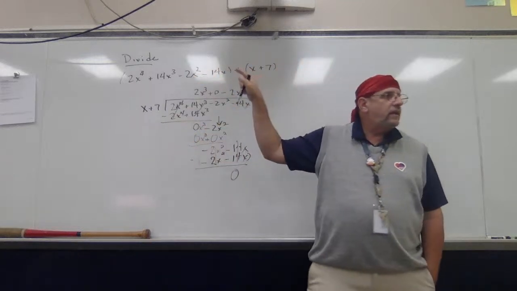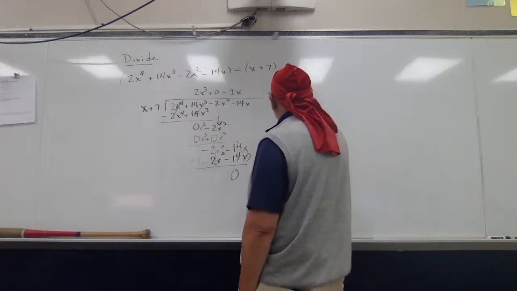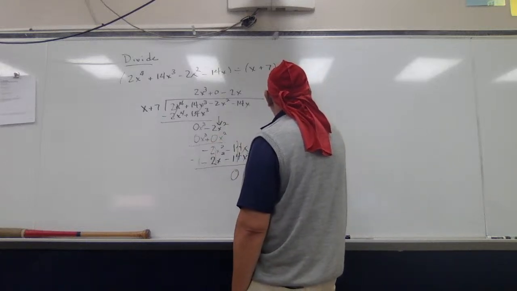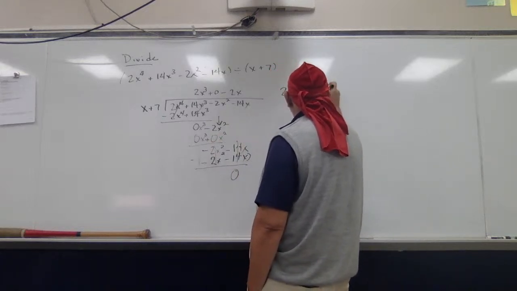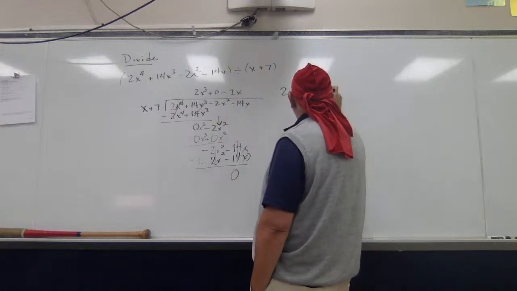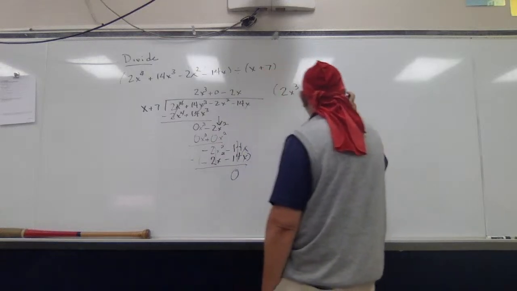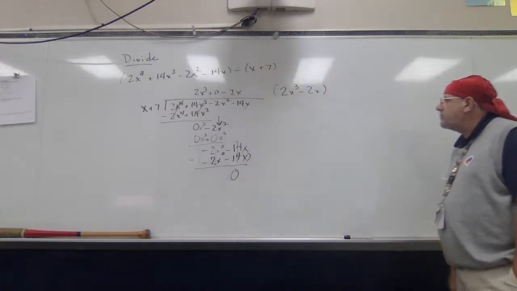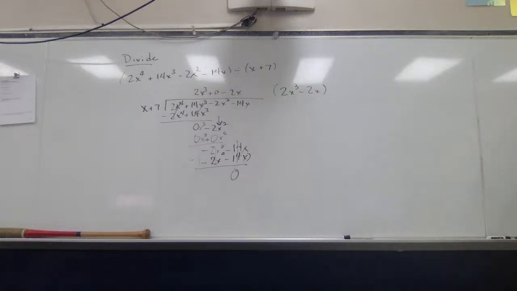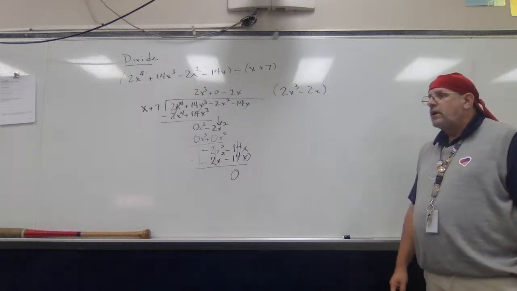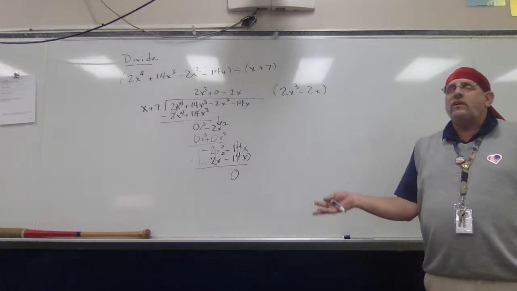When I write my quotient, it is 2x cubed minus 2x. Easy enough? That was easy. Simple. So long division is awesome.